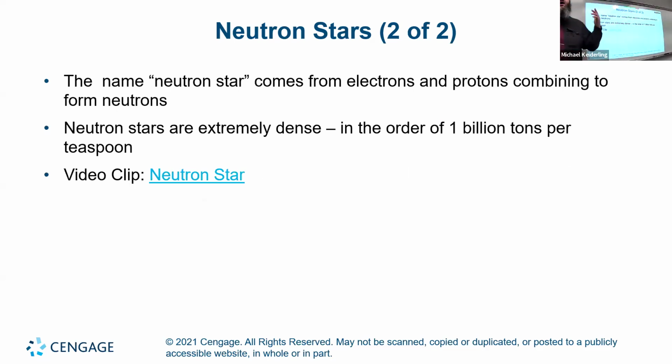And neutron stars are the densest material in the universe. They're on the order of 1 billion tons per teaspoon. And they're super weird. They have intense magnetic fields. They're super dense. They spin really fast because they were this big thing that collapsed.